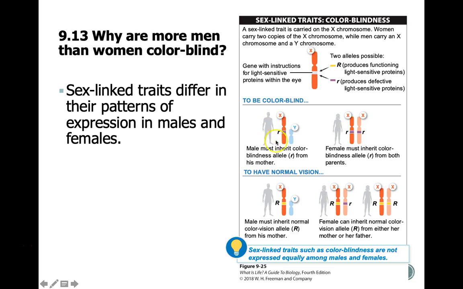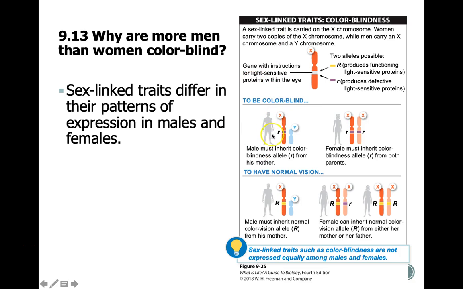However, if you are male, you only get one X chromosome. Your Y chromosome, because it only encodes that SRY region, the sex determining region, doesn't have a homologous allele for colorblindness.